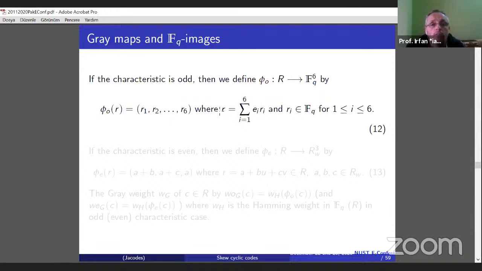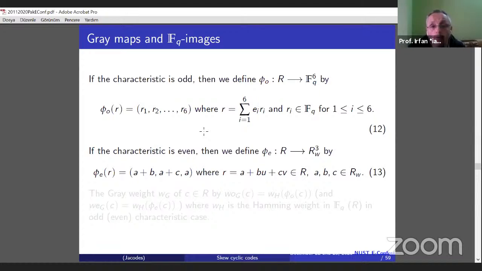Okay, and now we need a map. So we have a large extension sitting up there, and down below we need a map, as in the original paper, to bring it down to the world so that we can understand it. This map is defined with the help of the decomposition that we had before.